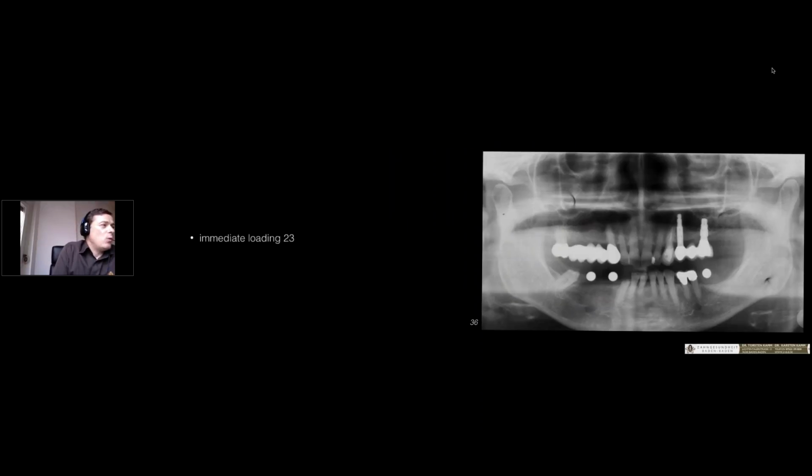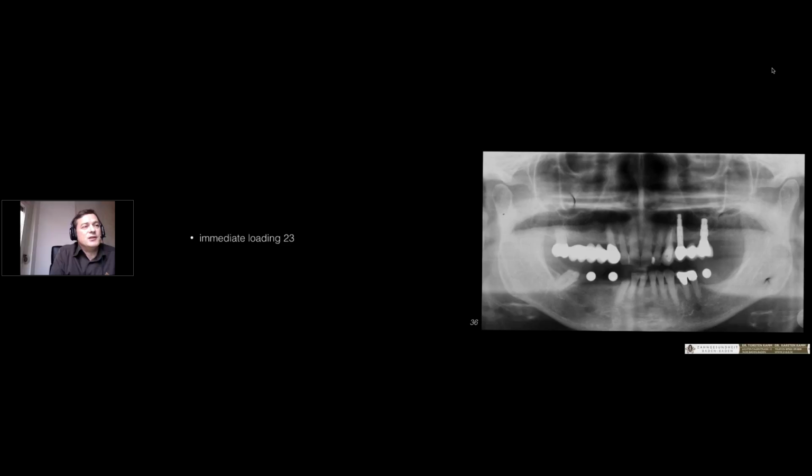So there's one case where we have to try immediate loading. It's a very tough case, a high risk case, because we have a gummy smile. We have the canine position, because canines in most cases go a little bit outside of the tooth position.